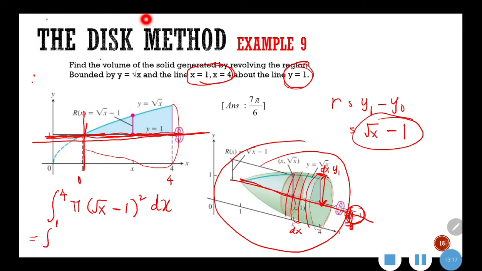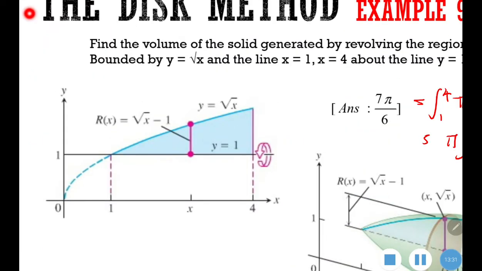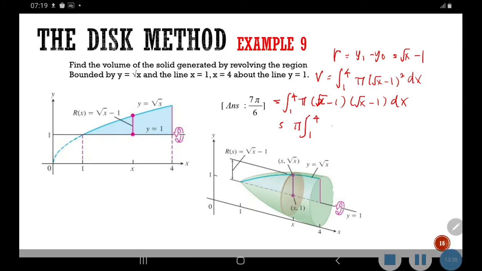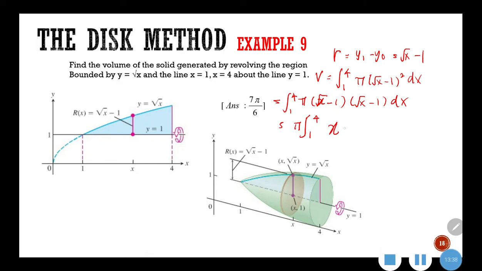Nampak square ni is another integration technique, you expand je lah. So you pecahkanlah integration ni, maknanya square root x times square root x is x, minus 2 square root x, plus 1, integrated with respect to dx. Then you solve this integration, you should get 7 pi over 6. Saya tak tunjuk lah. Okay, solve it on your own.